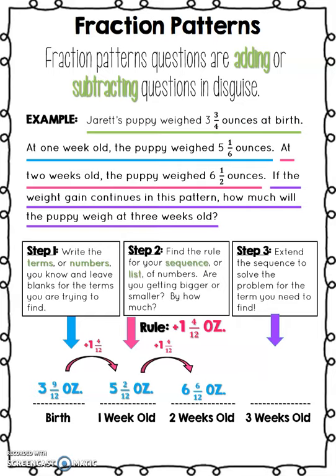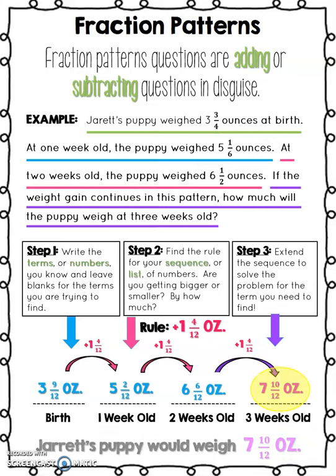In this case, I only have to go one more step. So I will add 1 and 4/12 ounces to the 6 and 6/12 ounces the puppy weighed at 2 weeks old. 6 and 6/12 plus 1 and 4/12 is 7 and 10/12 ounces.